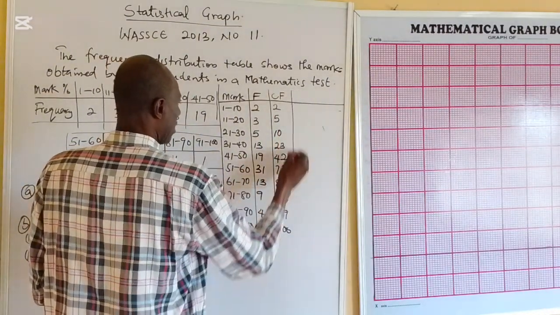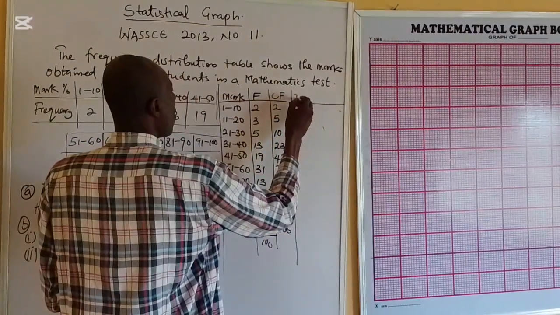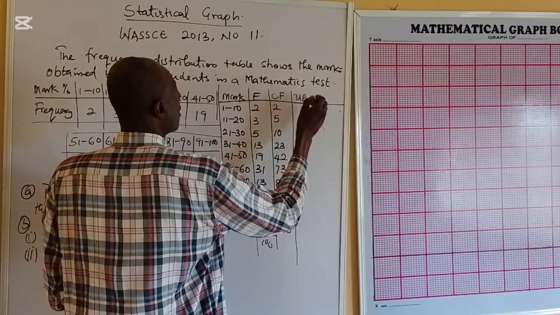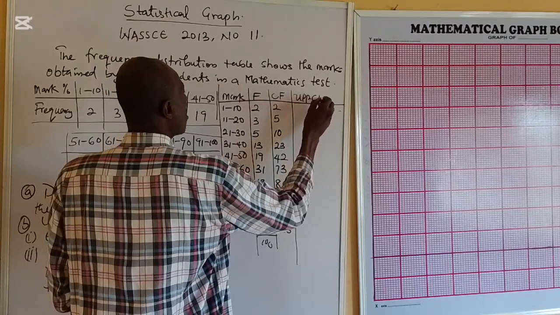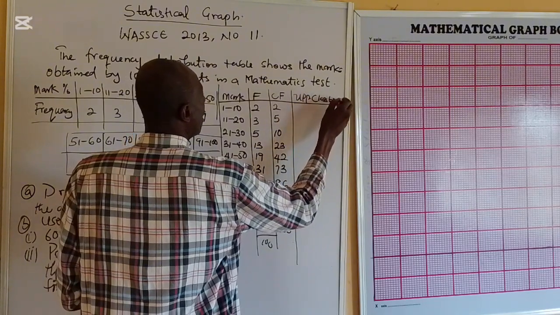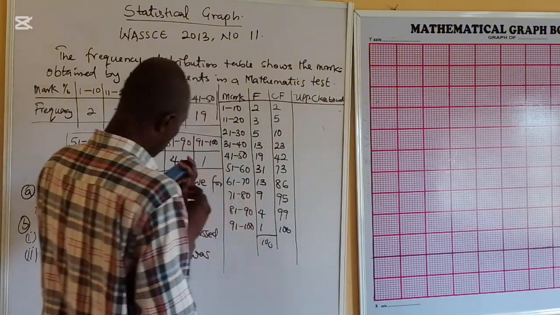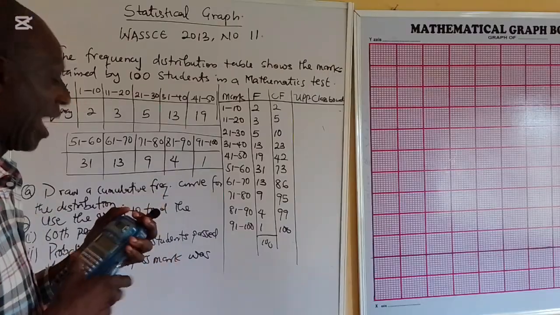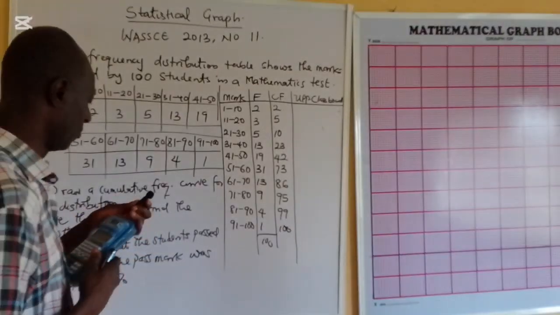Now, having done that, let's get the upper class boundary. How do we get the upper class boundary?